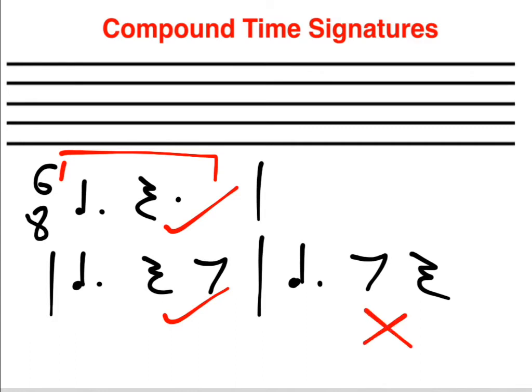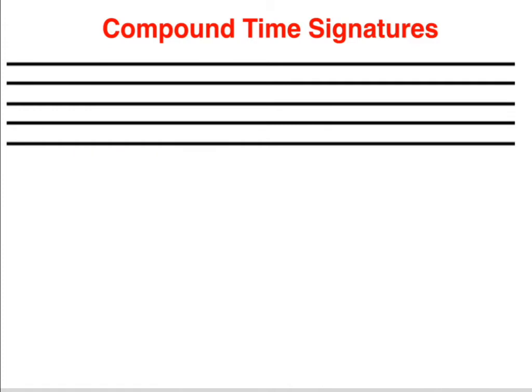So that's another reason why I prefer the first example up on top, that dotted crotchet rest, because not only is it more clear what you're asking the musician to do, it doesn't tend to lead to this. It tends to avoid that slip-up of putting the quaver rest first before the crotchet rest.